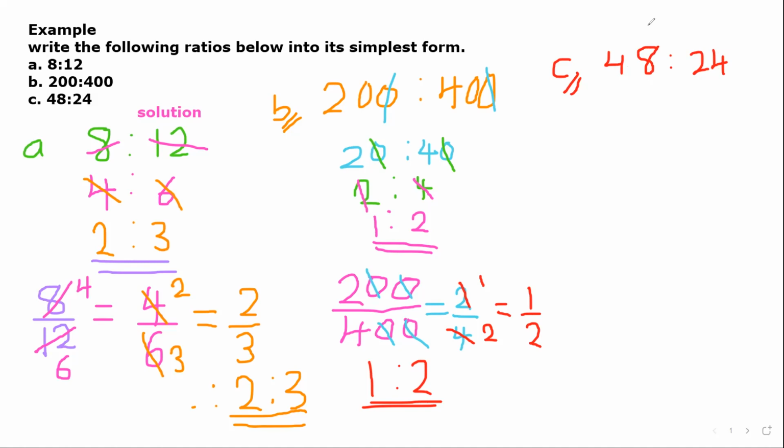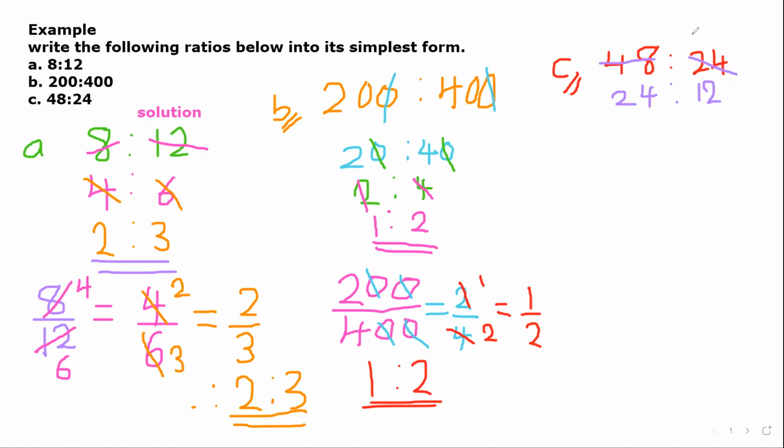So you can also use 2 to do the cancellation to reduce these numbers into its simplest form or into its lowest form. So let's start with 2. 2 goes into 24, we have 12, okay? And then 2 goes into 48, we have 24, okay? Good.